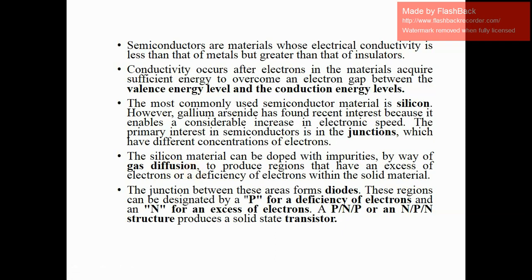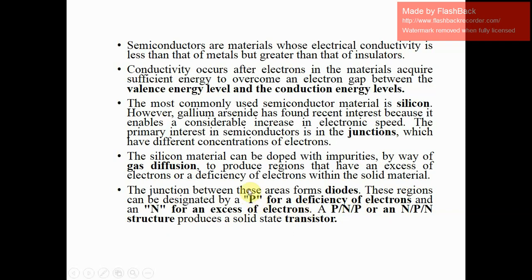So we can say that this is N type or this is P type based on what kind of impurity is in there. The junction between these areas forms diodes. These regions can be designated by a P for deficiency of electrons or N for an excess of electrons.